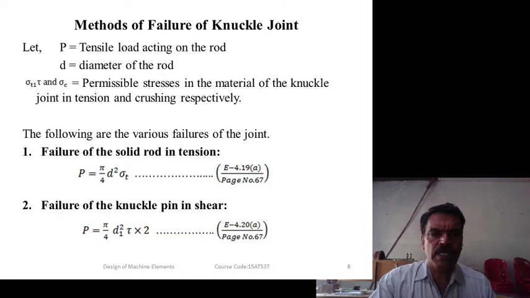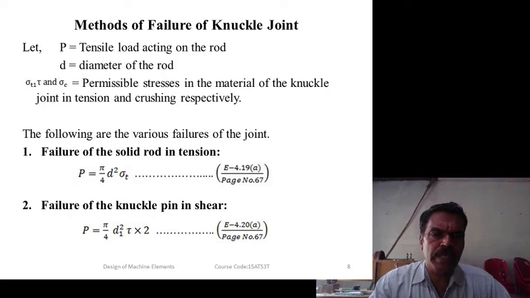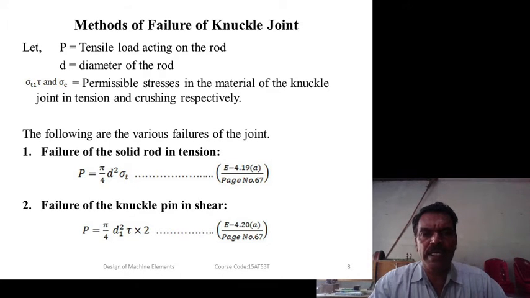Area of the rod is pi divided by 4 into d square, into sigma T. This formula is printed on page number 67 in DDHB, Design Data Handbook, vide equation number 4.19a.